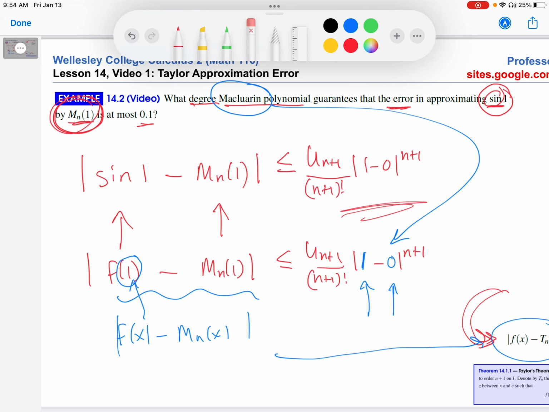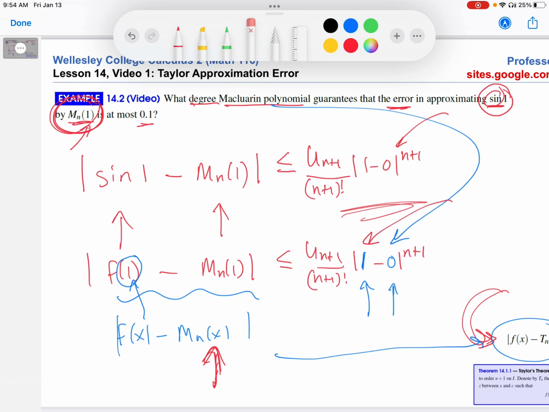Let me pause for a minute and just keep the screen here. Notice that we just did a lot of really critical reading of the assumptions and really latched onto every word. Maclaurin, that means that c equals 0. That allowed us to put a 0 here. M_n of 1, right? 1 is where the x would be down here. So that allowed us to put a 1 over here, right?